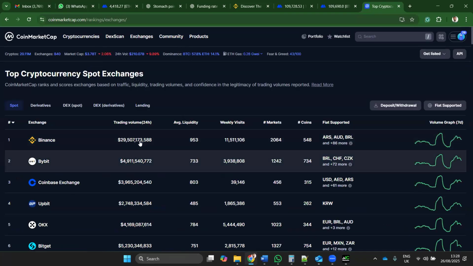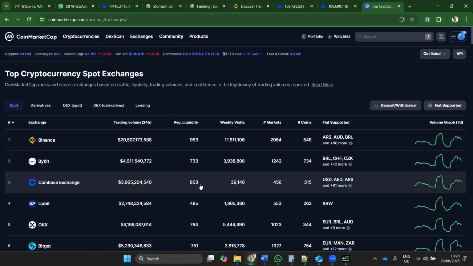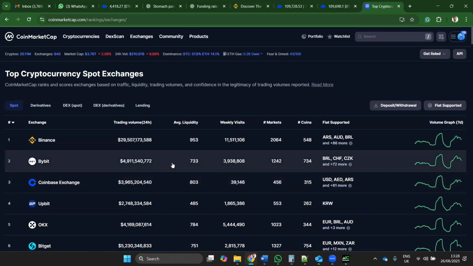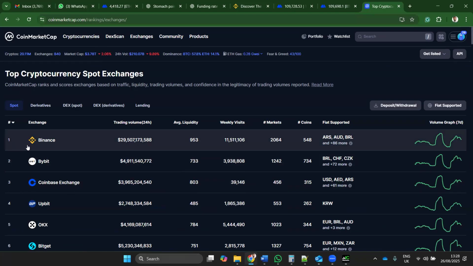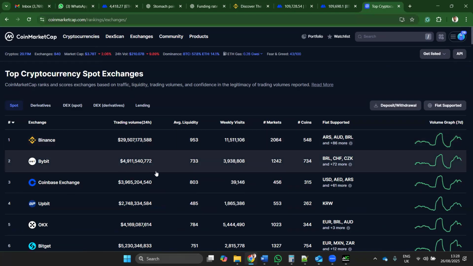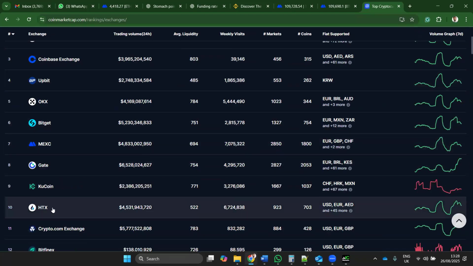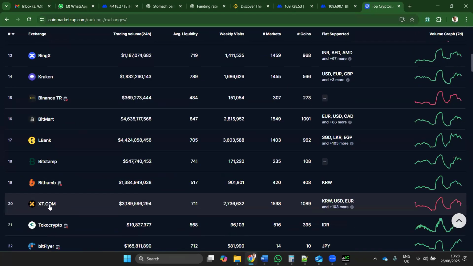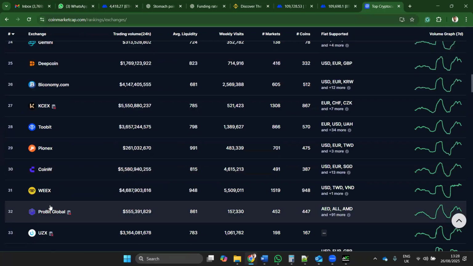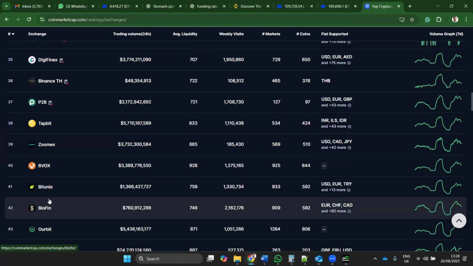Yeah, so this is the list of cryptocurrency exchanges which provide spot options. Binance is the top one. It has the most volume. And then you have the other listings here. As you can see, there are so many exchanges in the world. So many.